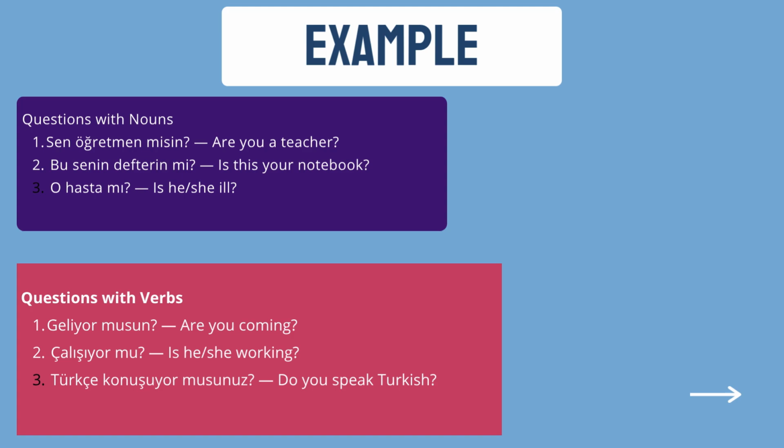Geliyor musun? Are you coming? Çalışıyor mu? Is she or he working? Türkçe konuşuyor musun? Do you speak Turkish? Because of the personal ending, we understand that this question relates to you. Türkçe konuşuyor musun?